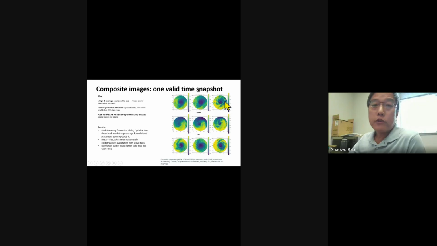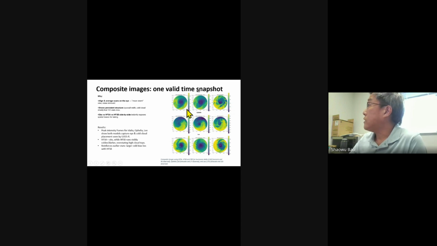So for the observation, of course, there is only one image, but for the model, because we have multiple forecasts for the same valid time, these model images are still composite images. And we can see the same pattern. The model can capture the main structure of the hurricane vortex.